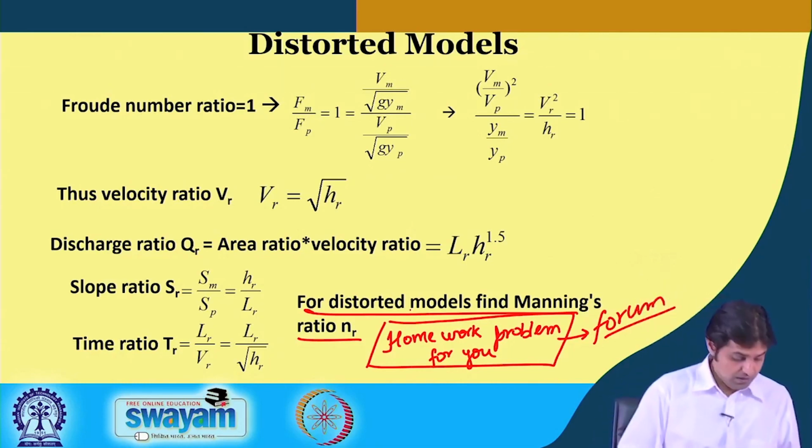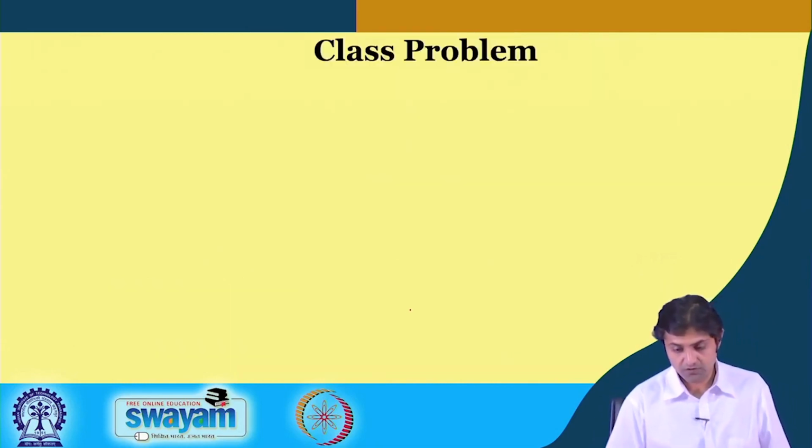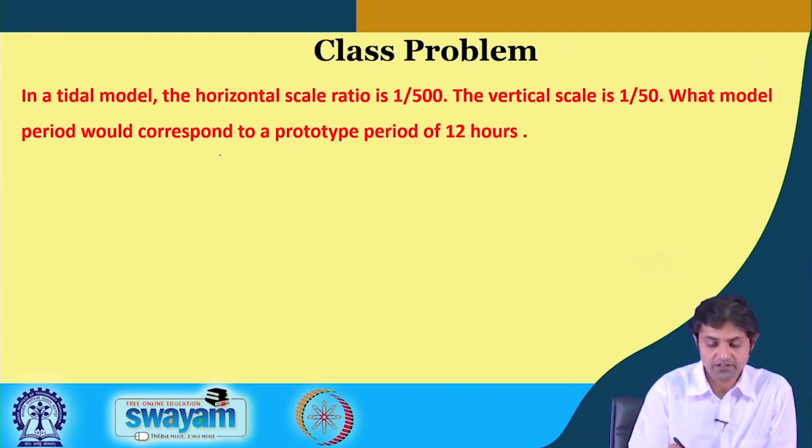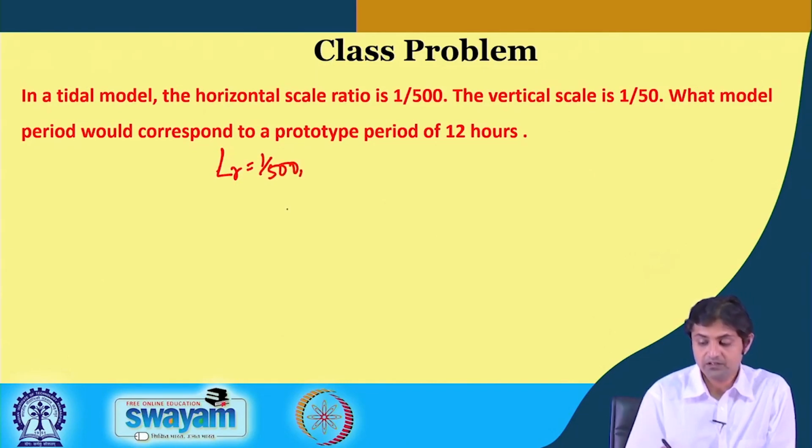Okay. So, we are going to solve one problem. In a tidal model, it is given that the horizontal scale ratio is 1 by 500. So, horizontal scale ratio LR is 1 by 500 and the vertical scale, so that means HR is 1 by 50.